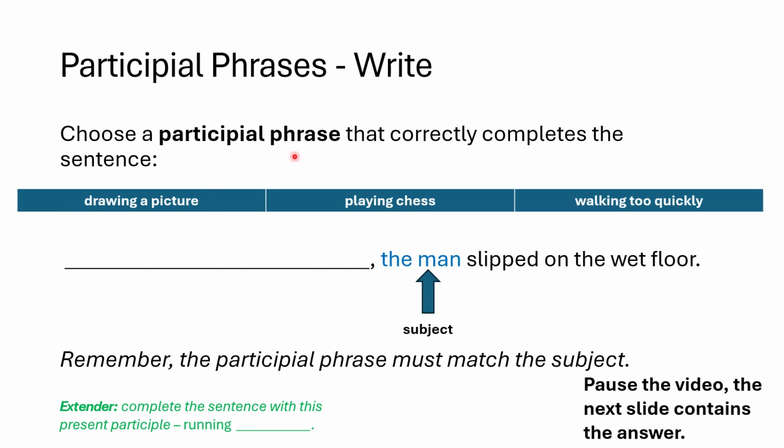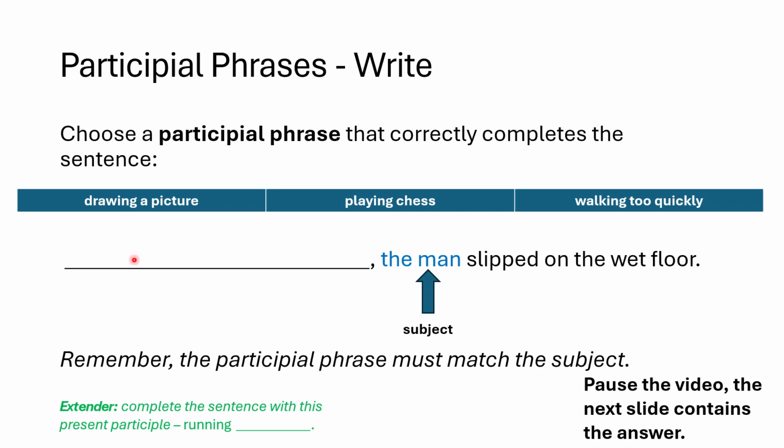Choose a participial phrase that correctly completes the sentence. Drawing a picture, the man slipped on the wet floor. Playing chess, the man slipped on the wet floor. Walking too quickly, the man slipped on the wet floor.